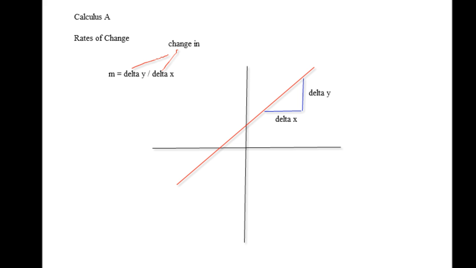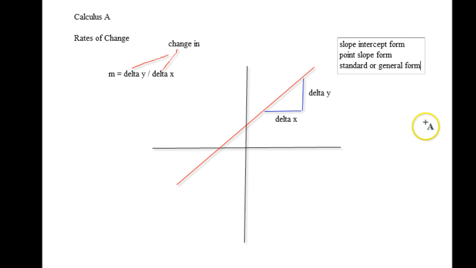The difference quotient will also explain how we get differentiation and everything, but you do need to be very, very familiar with all the types of rates of change, like for example slope-intercept form, point-slope form, and standard or general form. General. I always forget that second E. Okay, so as long as you guys got those down, those should be pretty set.